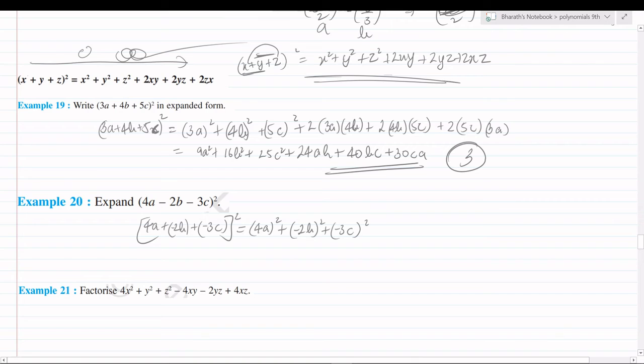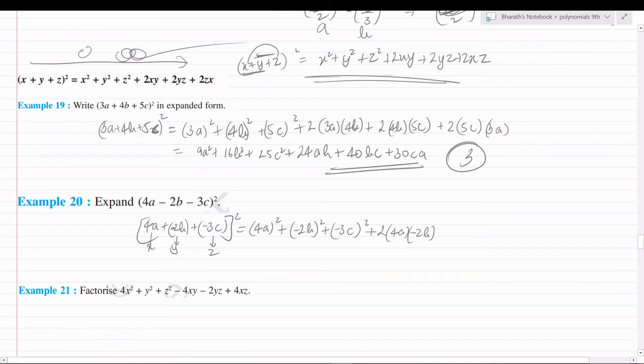Now in this, all these terms, 2xy, 2yz and 2zx, you should keep in mind, like take plus 2. What is our x? 4a. What is our y? Minus 2b. For understanding, write x, this is x, this is your y, and this is your z.